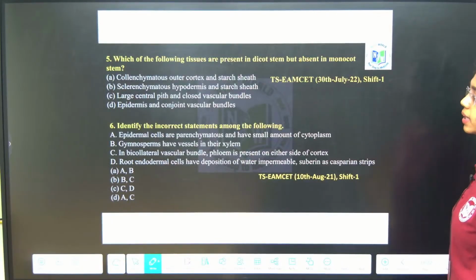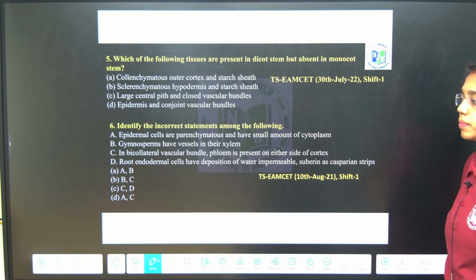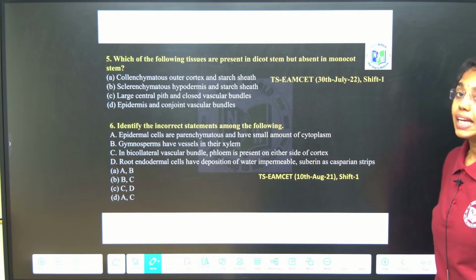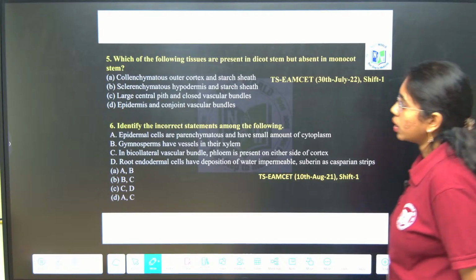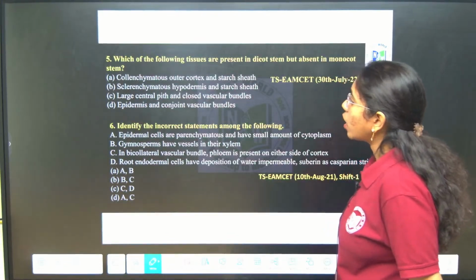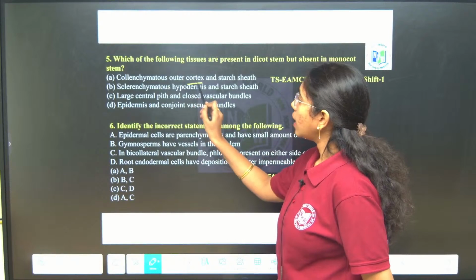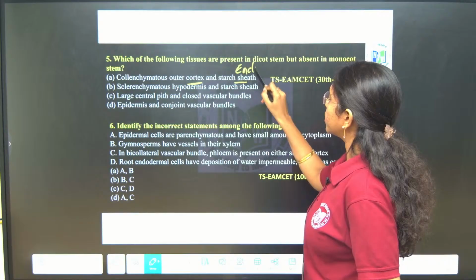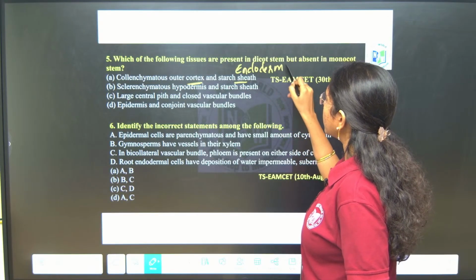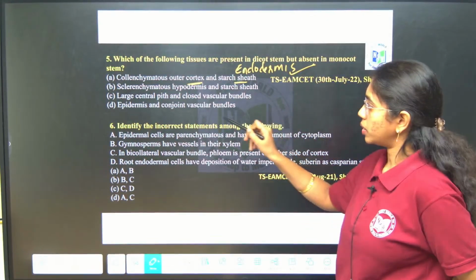Yeah, look at this, statement based questions. Which of the following tissues are present in the dicot stem but absent in the monocot stem? Present in dicot but absent in monocot. If you see in dicot stem, collenchymatous hypodermis is present, starch sheath is present in the endodermis, right ma? So yes, these are present in the dicot stem, absent in the monocot stem.